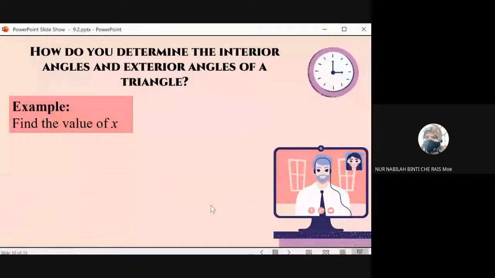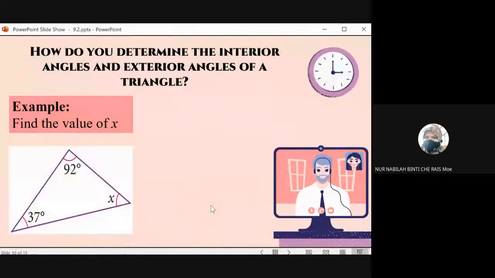Okay, and then an example is given like this: find the value of x. Given this is a triangle, we want to find the value of x. We know that just now the sum of interior angles equals 180.